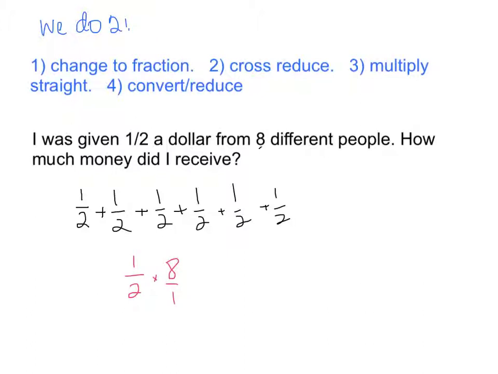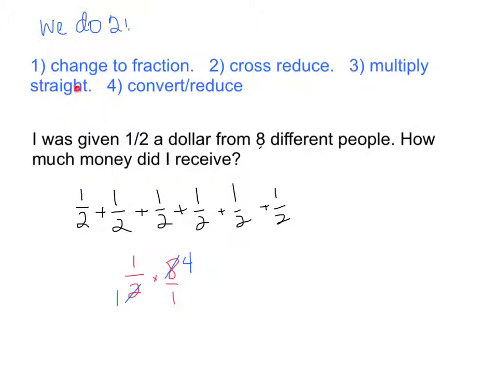Now it's a fraction. And I didn't change the number because 1 does divide into 8 8 times, so the number is still 8. Step 2, cross-reduce. Let's have a look. Is there a number that goes into both 1 and 1? No, just 1. 2 and 8, sure, 2 goes into both of those. 2 goes into 2 once, and 2 goes into 8 4 times.